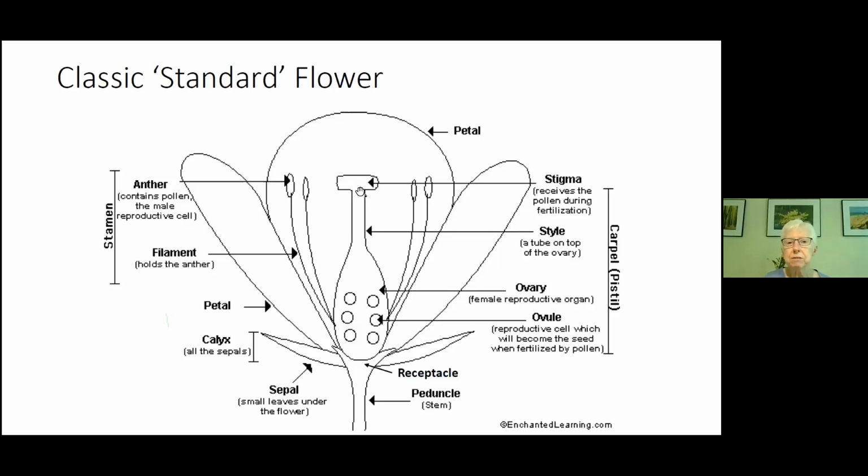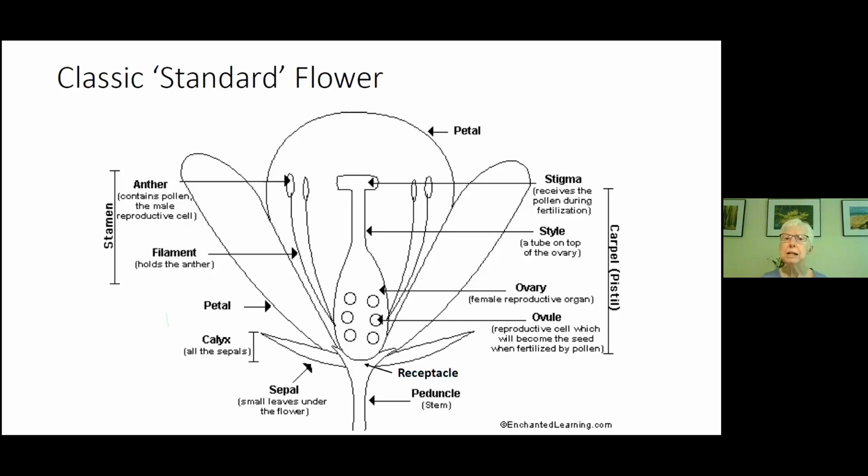That consists of a stigma, which is where the pollen must be deposited in order for pollination to take place, a style through which the pollen must travel to get to the ovules in the ovary in order to produce the fruit. So all of these flower parts are resting on a receptacle. All the parts for a single flower have their own receptacle, which is at the tip of the stem or peduncle for that particular flower.